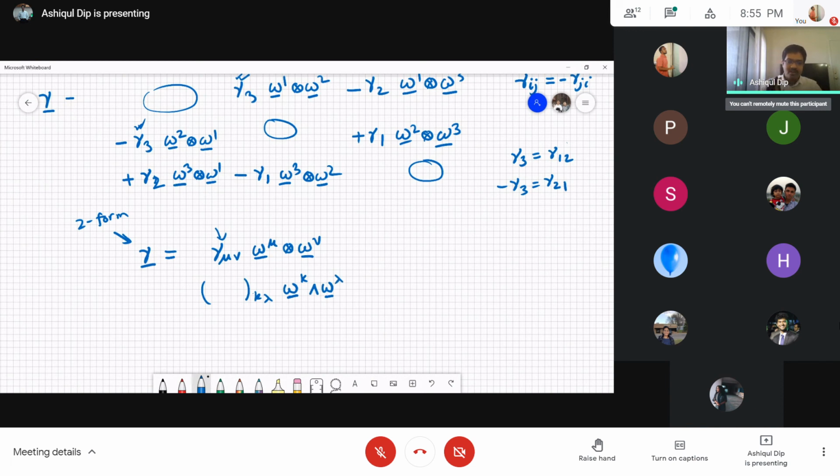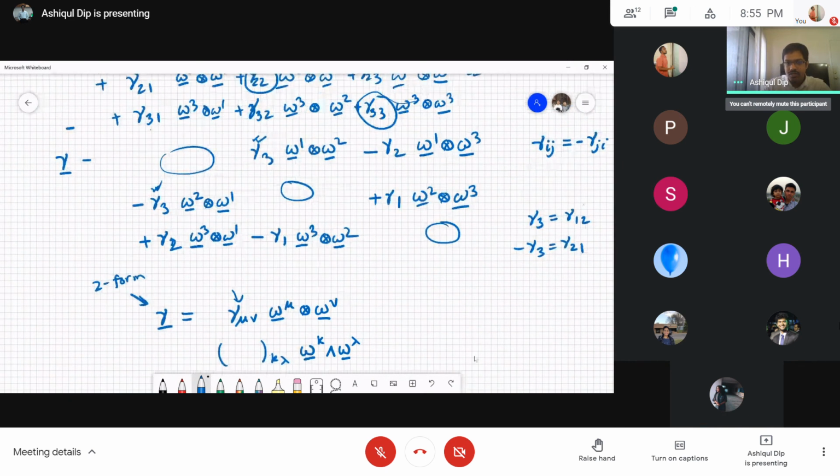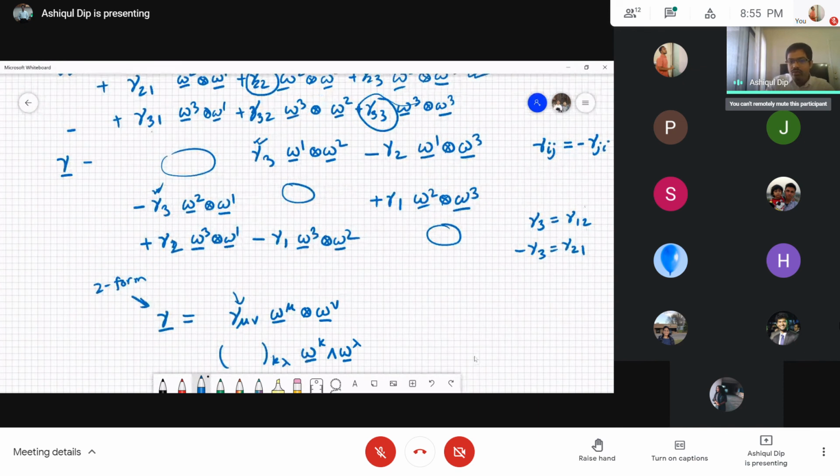So that's our goal to find. Okay, so now as we already know that we were able to write our gamma like this, and if we replace with appropriate component values, then what happens?